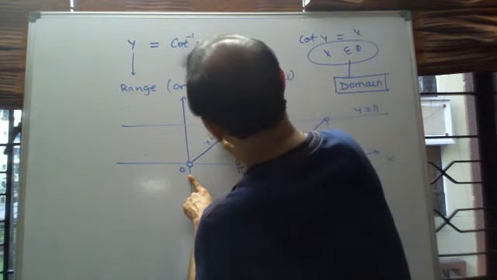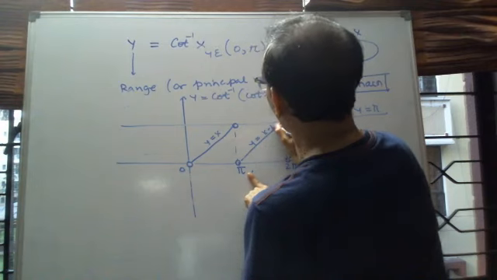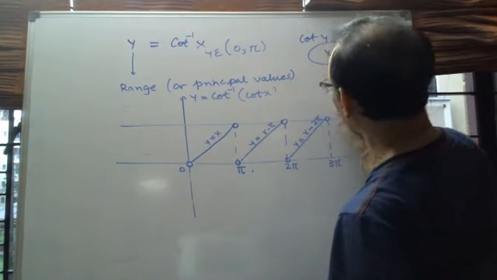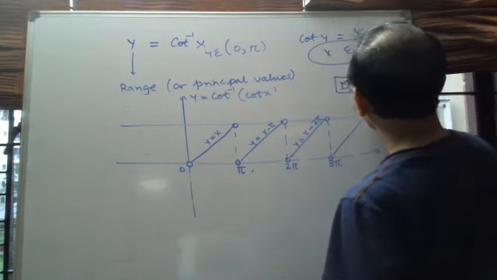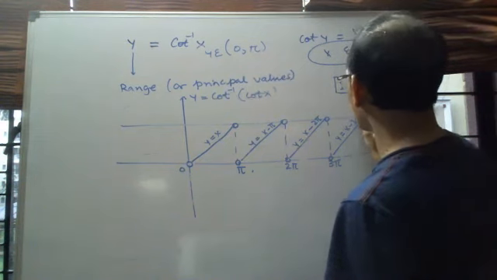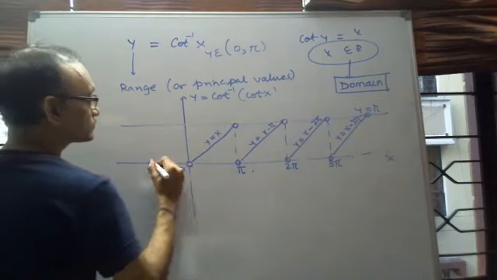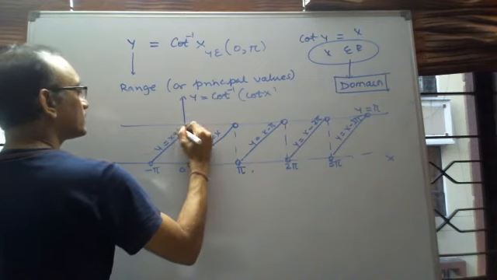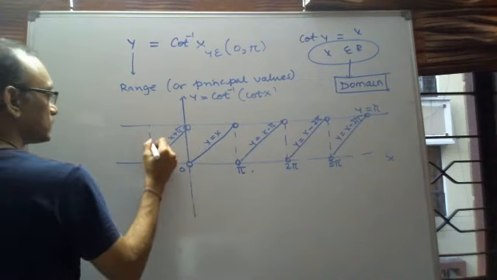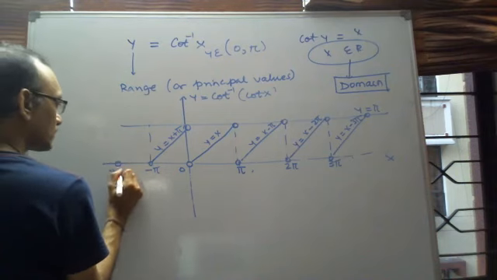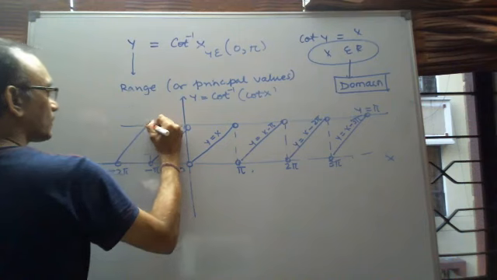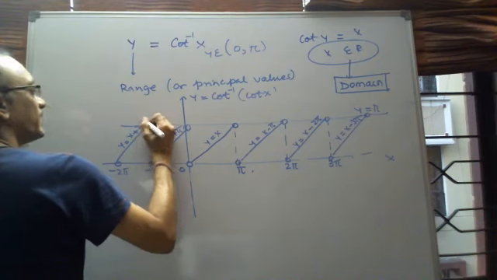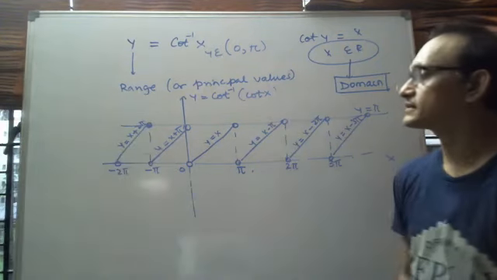Suppose y equal to x here, then it becomes y equal to x minus pi, because at x equal to pi the value is 0, a parallel line. Then parallel again, y equal to x minus 2 pi, then x minus 3 pi, and on the other side y equal to x plus pi, y equal to x plus 2 pi, and so on. This is the graph of cot inverse cot x.